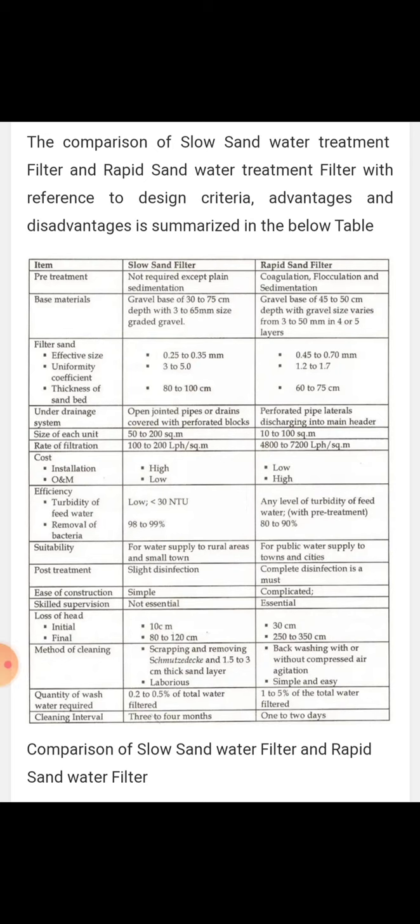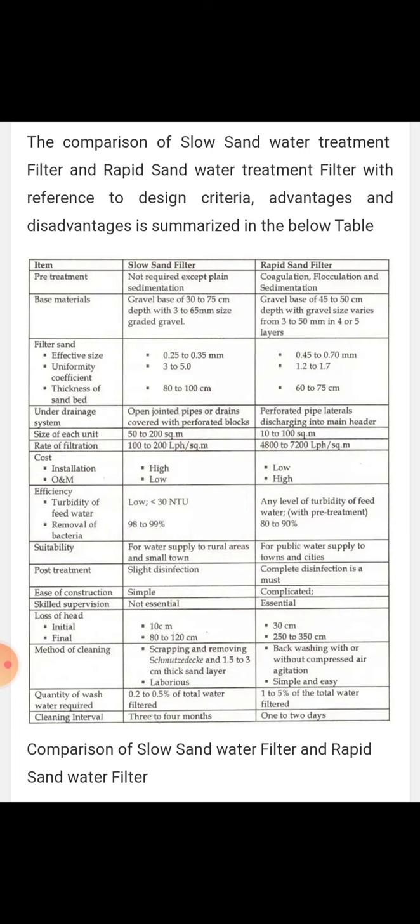They produce good quality water that you can use for drinking and consumption purposes. We already know the definition of the filtration process: water is allowed to flow over a bed of sand. The sand is nothing but a filter media.